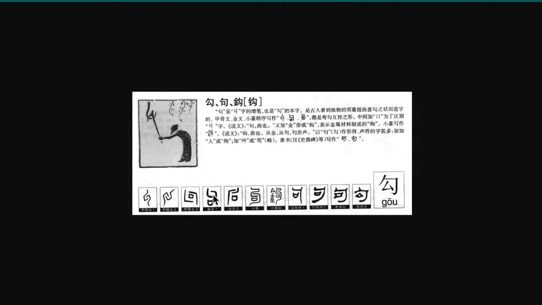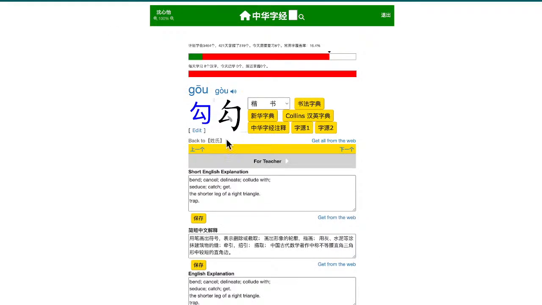Later on, it gradually changed into the form of nowadays, where one hook got embedded inside another hook instead of hooking each other. So this is go.